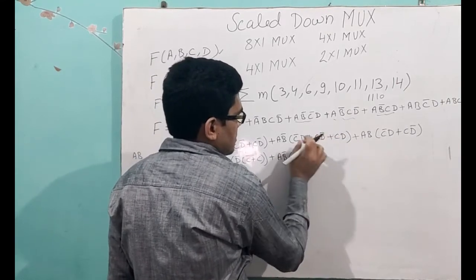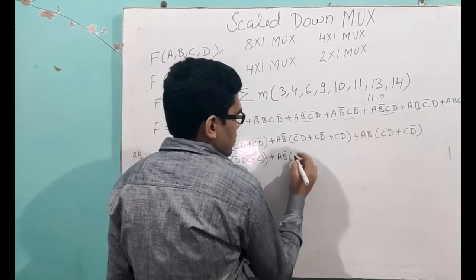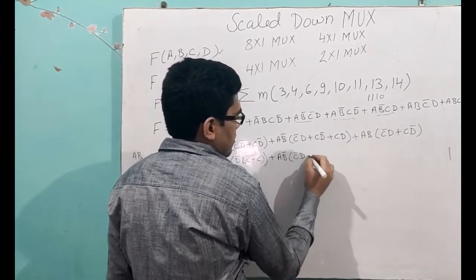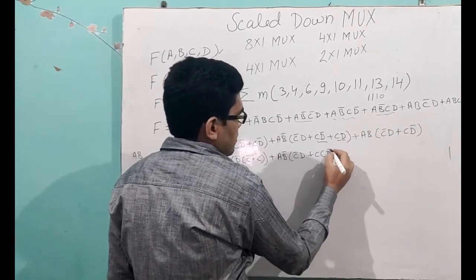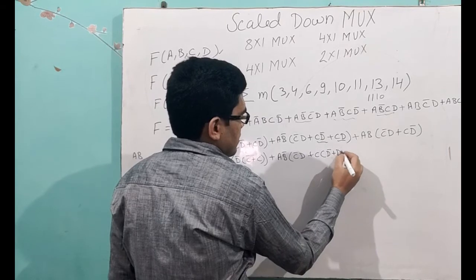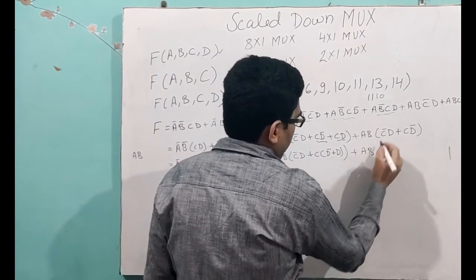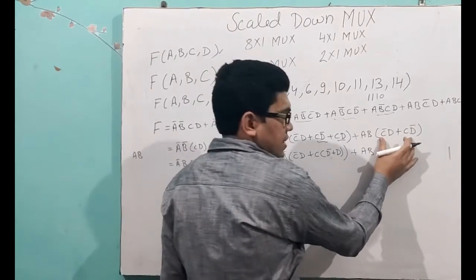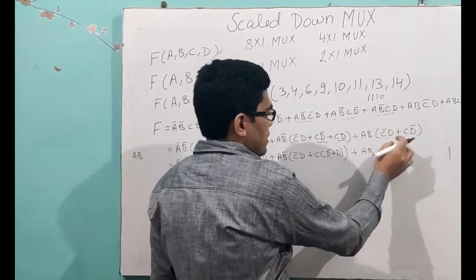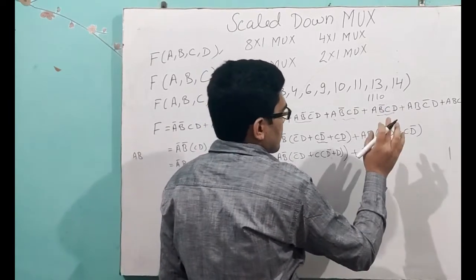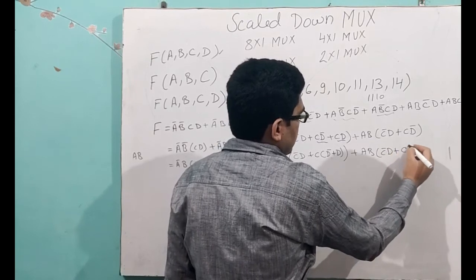In both of these terms I can take C bar D plus, in these two terms I can take C common, D bar plus D, plus AB. There is nothing common, this is simply an XOR gate. We can implement this using an XOR gate. Remember, this is for XOR gate: C bar D plus C D bar.